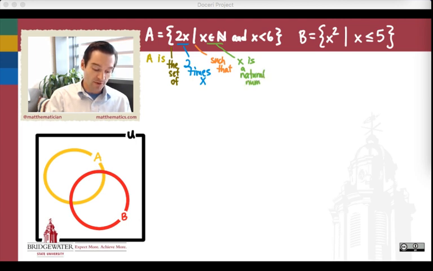So 1, 2, 3, 4, 5, and so forth. The first numbers that we learn when we're learning numbers in the first place. And then also, we wanted our elements to be less than 6. So that was the last bit. And less than 6.